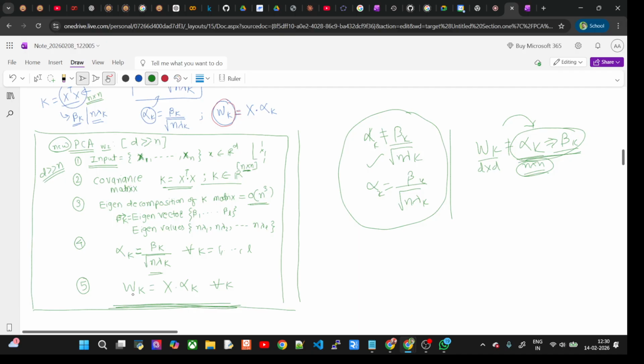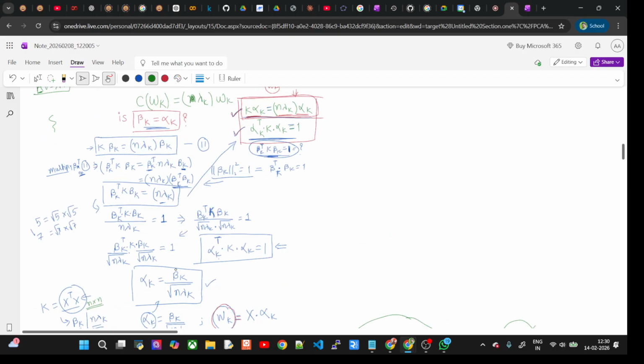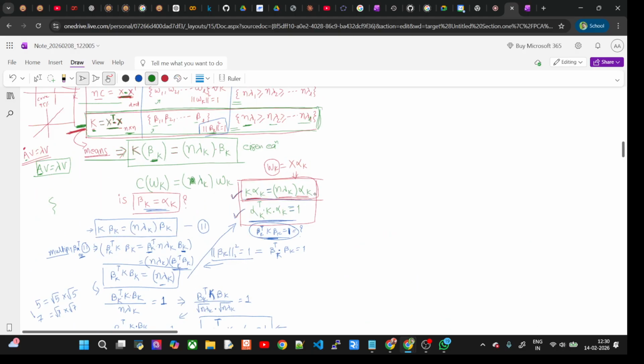One is k into alpha k equal to n lambda k alpha k, and the other is alpha k transpose k into alpha k equal to 1. Alpha k has to satisfy these two equations, and then only you will choose that alpha k. Okay, now you are fine and happy with that.